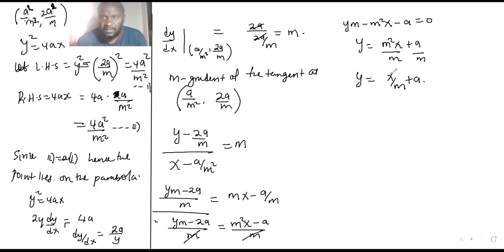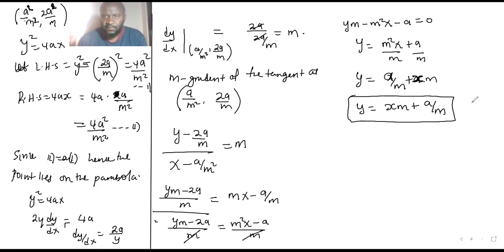Sorry, this is a out of m plus x times m. So the equation finally becomes xm plus a out of m. Hence proof. That is exactly what the question wanted.